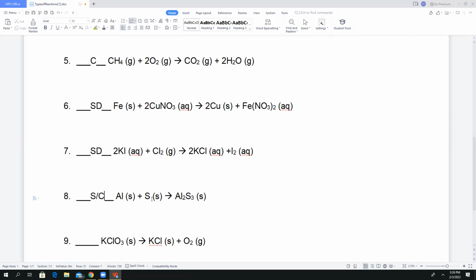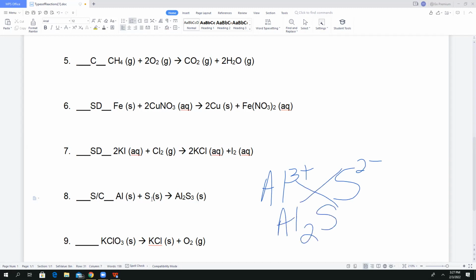Now you have to remember that aluminum is in group 3, and it's a metal, so it's a 3+. And sulfur is in group 6, and it's a non-metal, so it's a 2 negative. When we cross, you're going to get Al2S3, which is what's here. You see that?